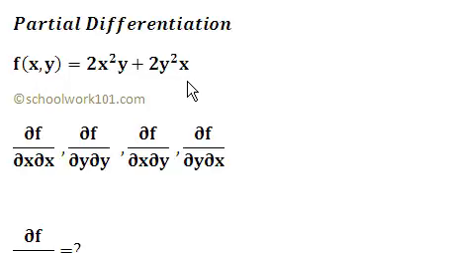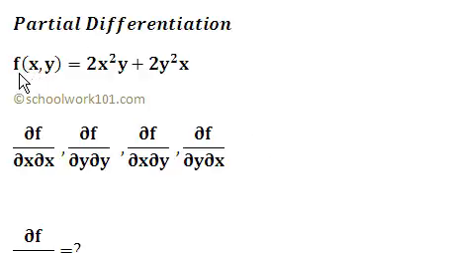I'm just going to show you some examples, and there are some good geometric things to show to better understand partial differentiation, but I'm not really going to talk much about any of that in these 5 problems. We're just going to be doing partial differentiation and looking at the mechanics.